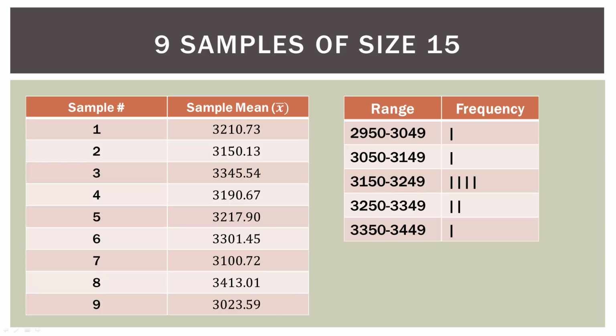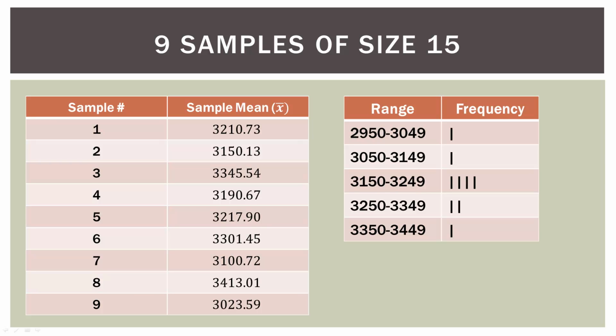Technically, it's 3049.99. 3050 to 3149, 3150 to 3249, etc. And then what I've done is I have put tick marks, I've counted how many of our sample means are in that range. So we have one sample mean that is in the range of 2950 to 3049, and let's see, that is down at the very bottom. That's sample number 9. So sample number 9 is in that range.